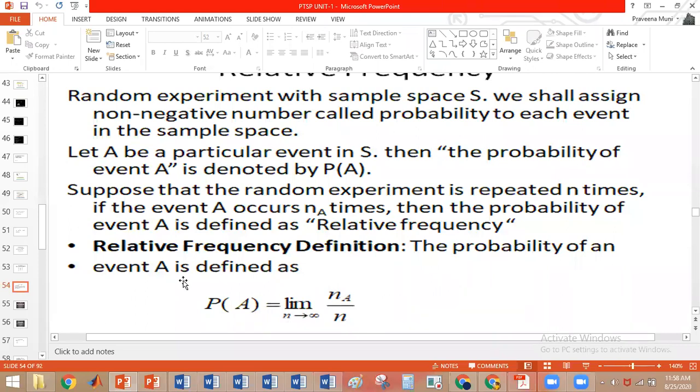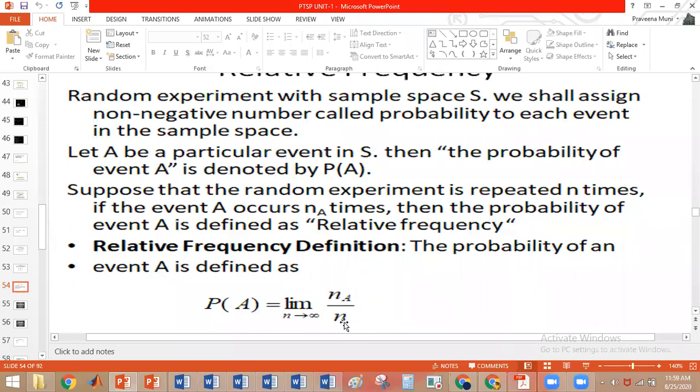Whatever probability we get using this equation will be equal to the probability we defined in the previous cases. This will be the same only when n tends to infinity.